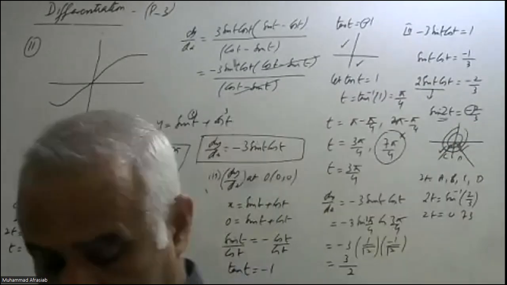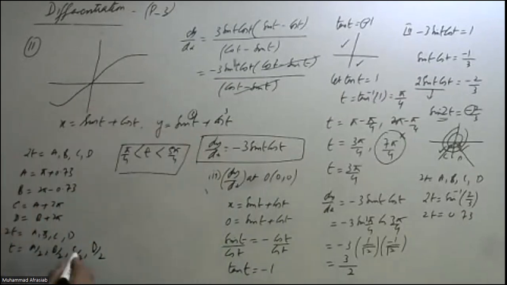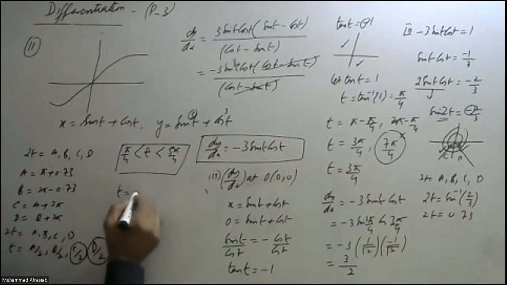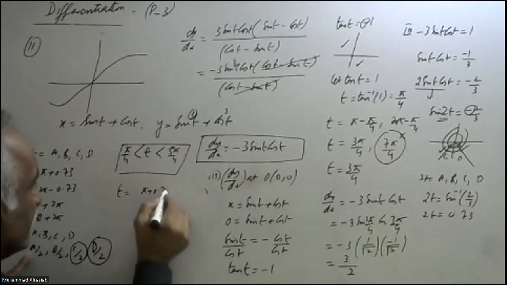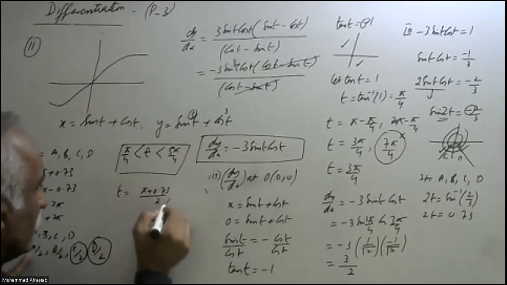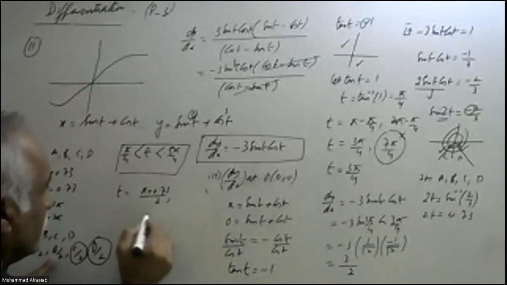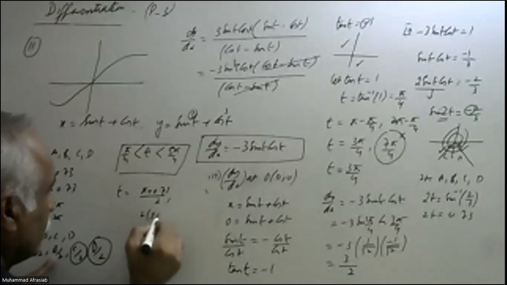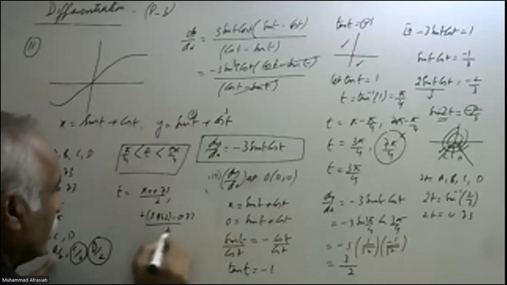So the values of C and D are going to be rejected because they are out of the range. So the t value is equal to A, that is pi plus 0.73 divided by 2, and the B value is 2 into 3.142 minus 0.73 divided by 2.